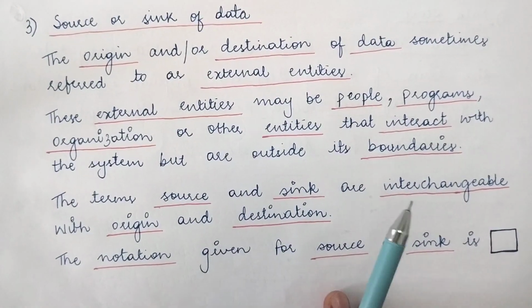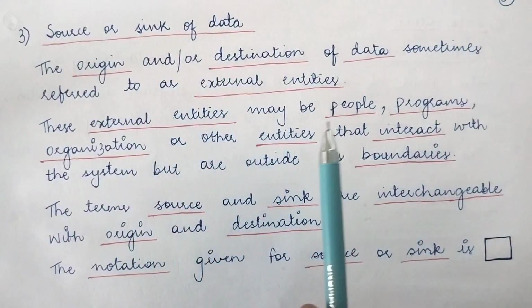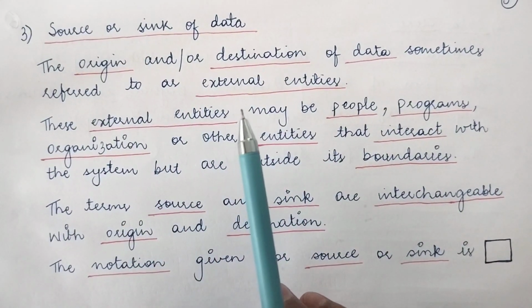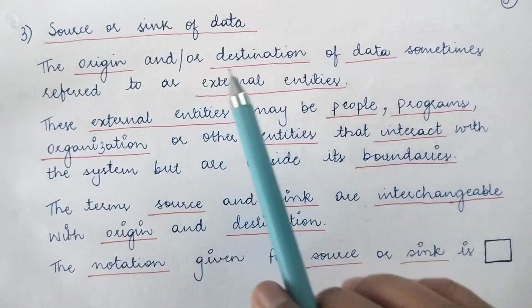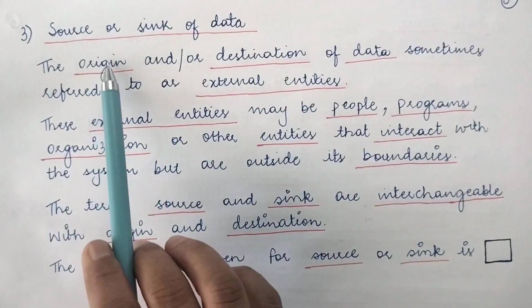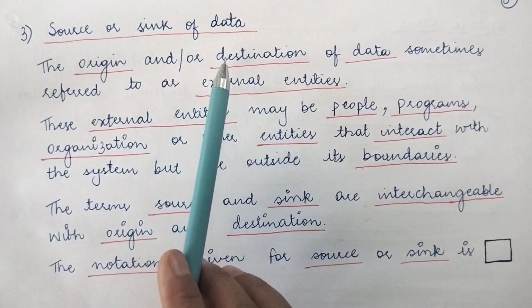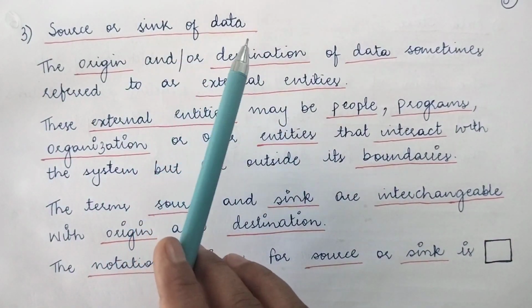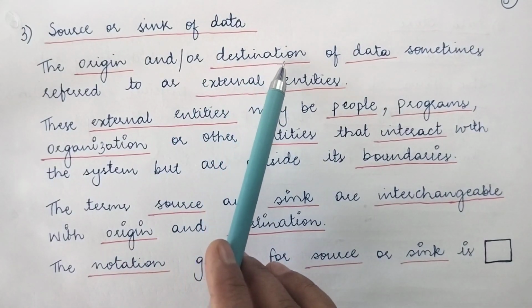The third important element of a DFD, or data flow diagram, is the source or sink of data. So the origin or destination of data is known as the source and sink of data respectively. When I say source of data, that means the origin from which the data has originated, and when I say sink of data, that means the destination where the data is finally destined for.